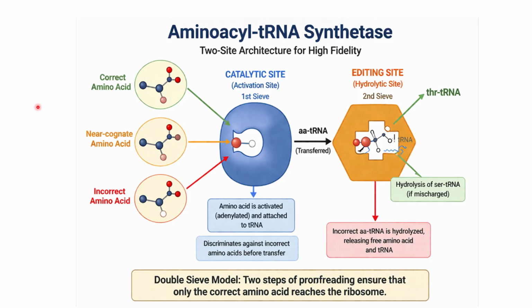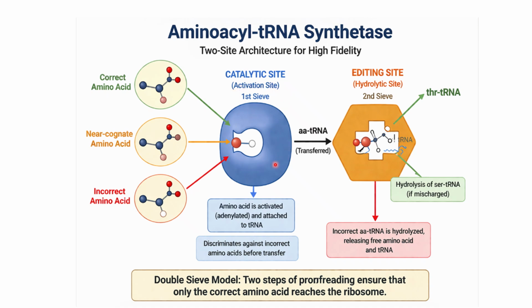Let us break down the double sieve mechanism step by step using this diagram. On the left, you can see three types of amino acids: the correct amino acid, a near-cognate amino acid which is very similar to the correct amino acid, and a third amino acid which is totally incorrect. Now all these three types of amino acid, when they approach the aminoacyl-tRNA synthetase enzyme, the first checkpoint is the catalytic site, also known as the activation site, and this site acts as the first sieve.